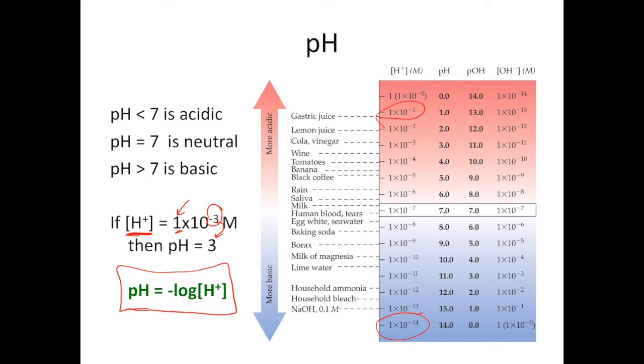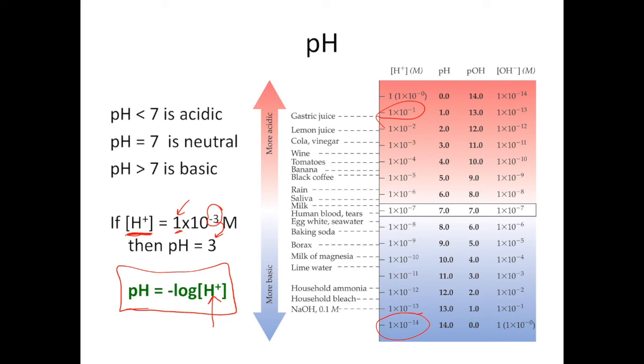And it changes when this number changes. As this number gets bigger, if it's 2 times 10 to the negative 3, it's going to be a little bit off from 3, but it's still going to be pretty close. So that's sort of how they're related. And so in order to calculate a pH, you just need to know the hydrogen ion concentration, and then you can calculate.